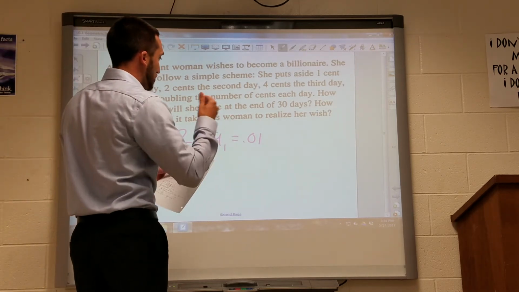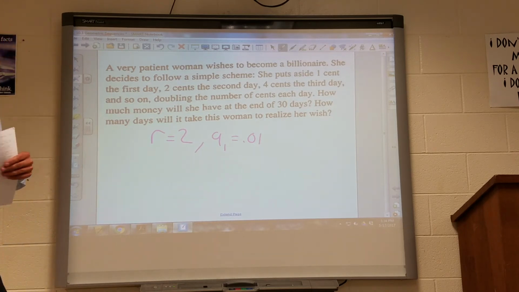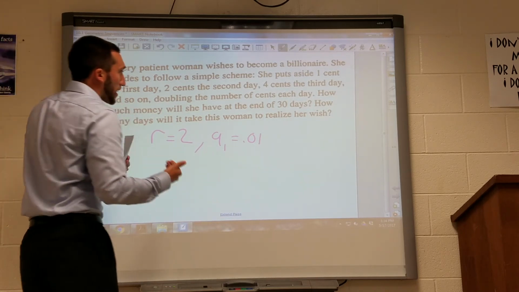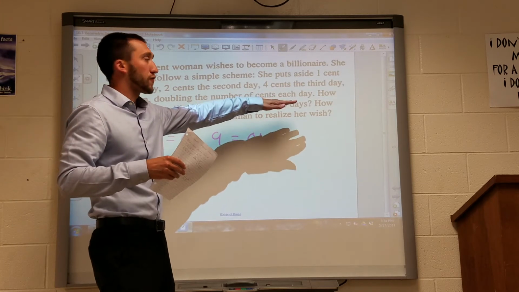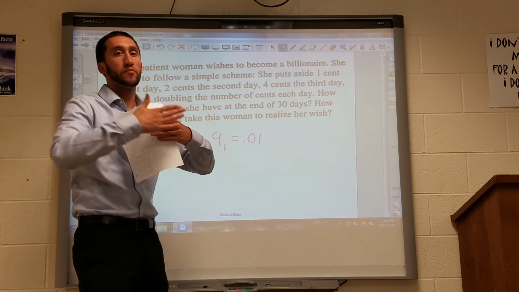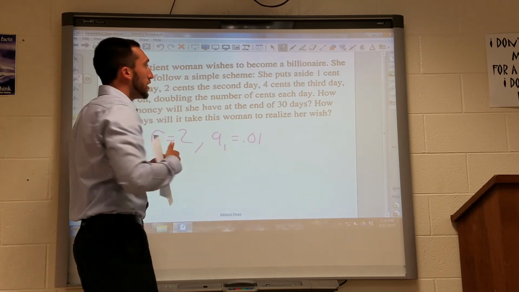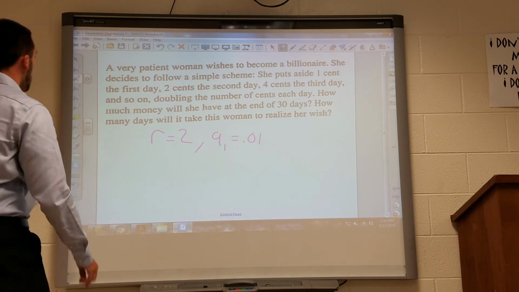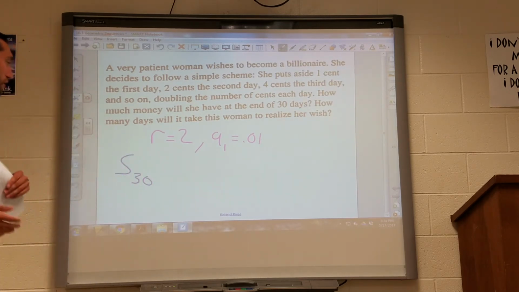And then I should know my partial sum formula. That's basically what I'm doing: figuring out how much money I'm going to make after 30 days. So I'm adding it up, finding the partial sum from the first term to the 30th term. I'm really looking for the 30th partial sum.